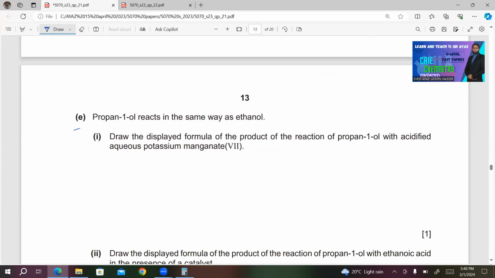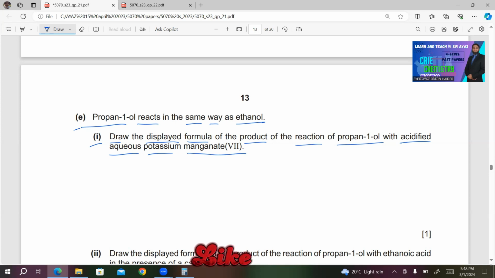Number E, propane 1-ol reacts in the same way as ethanol. 1. Draw the displayed formula of the product of the reaction of propane 1-ol with acidified aqueous potassium manganate 7. Now, when you react ethanol with acidified aqueous potassium manganate 7, what will happen? It will oxidize this into carboxylic acid.